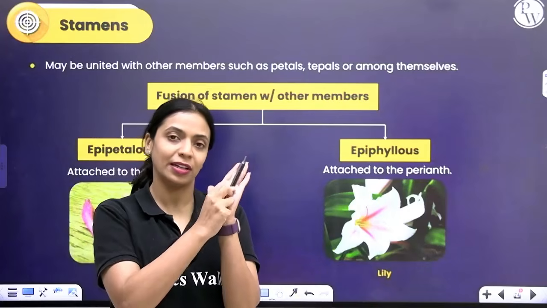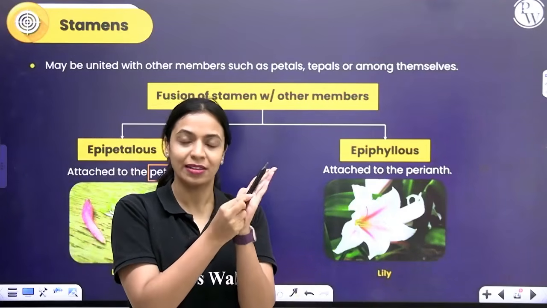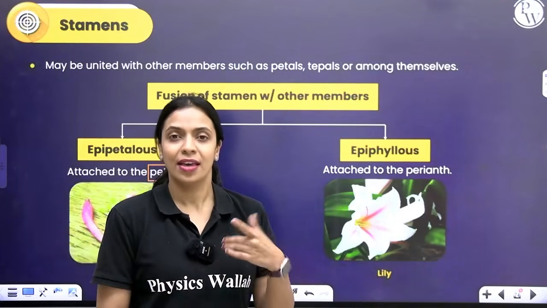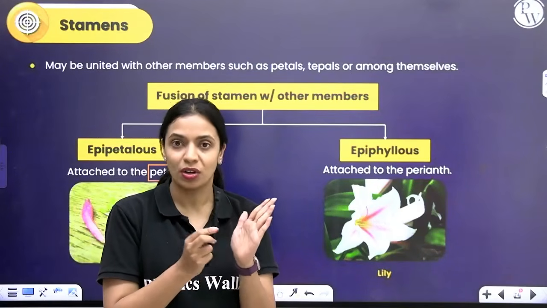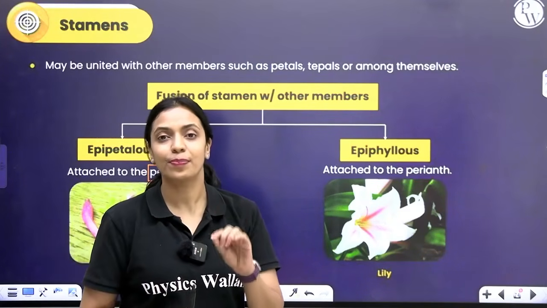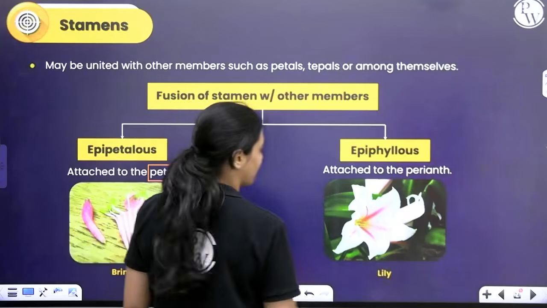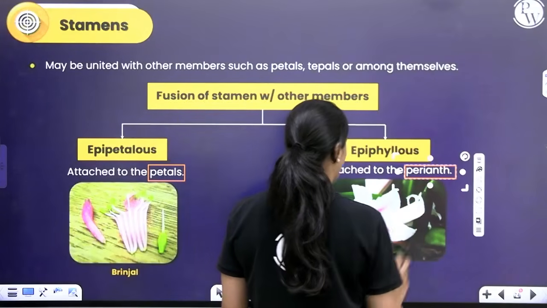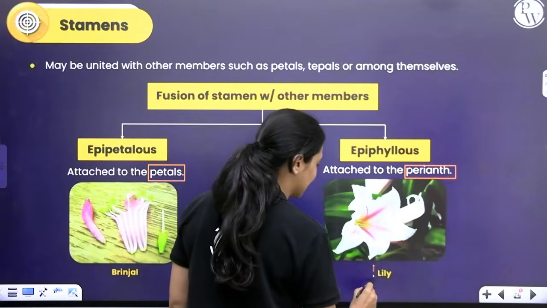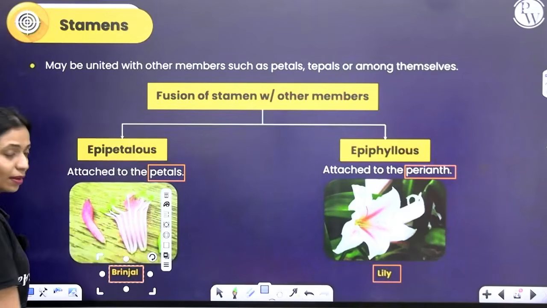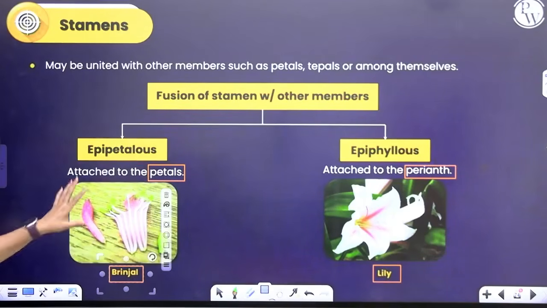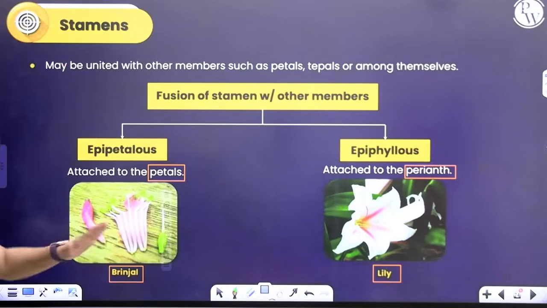If this is a petal and the stamen is fused to it, it's on the petal, then we call it epipetalous. If it is fused with a tepal or the perianth, then we call it epiphyllous. Okay. So if it's fused or attached to the perianth, you call it epiphyllous. You can see that in monocot plants like lily. In brinjal, you can see epipetalous condition. This is stamen being fused or united with members of other whorls.